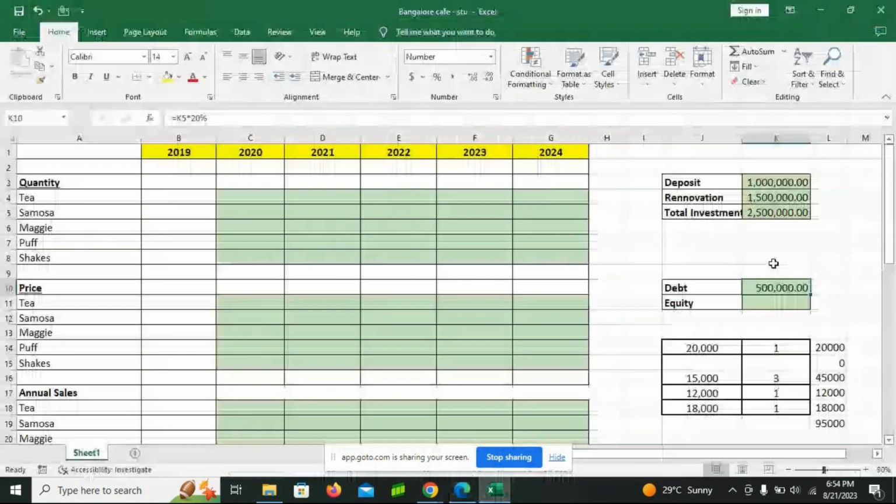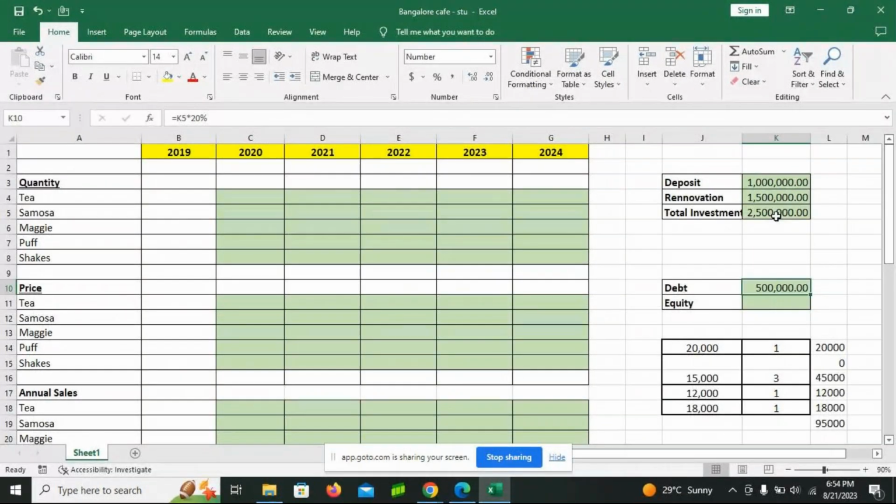So overall 25 lakhs, of which 5 lakh rupees I'm planning to take as debt. The remaining, 25 lakh minus 5 lakh, so 20 lakh rupees will be my equity.